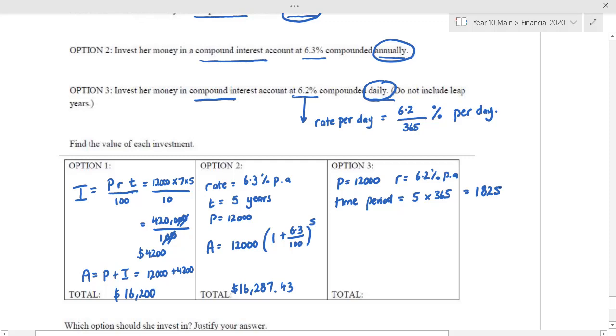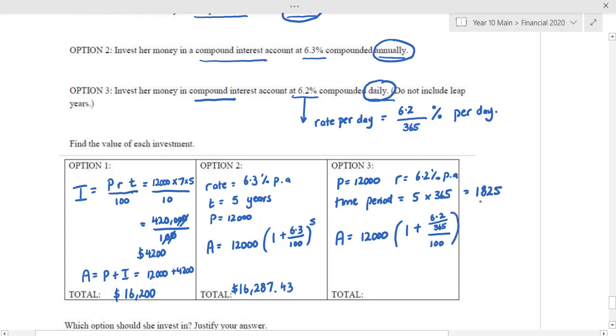Now, let's go ahead and put that all together. We start off the same as before, with our principal out the front. But this time our rate, well, we don't want 6.3. It's 6.2, and we're dividing that by 365. That's the rate which goes on top, and then we're dividing it by 100.